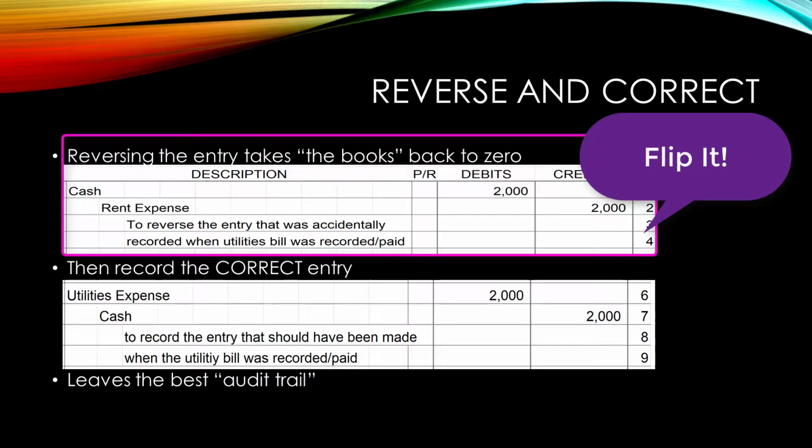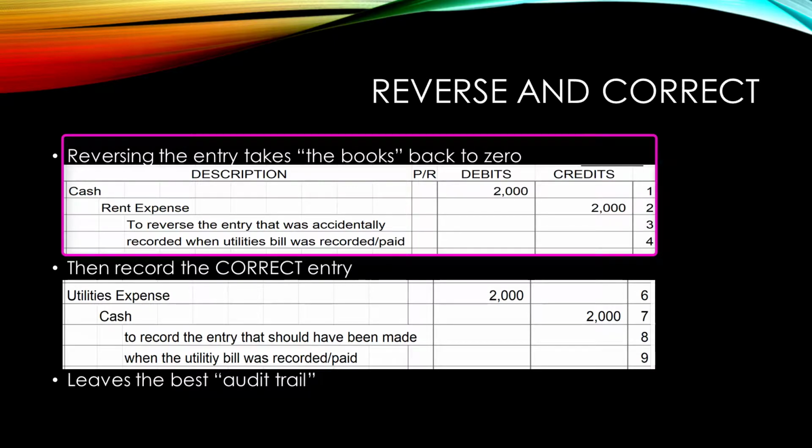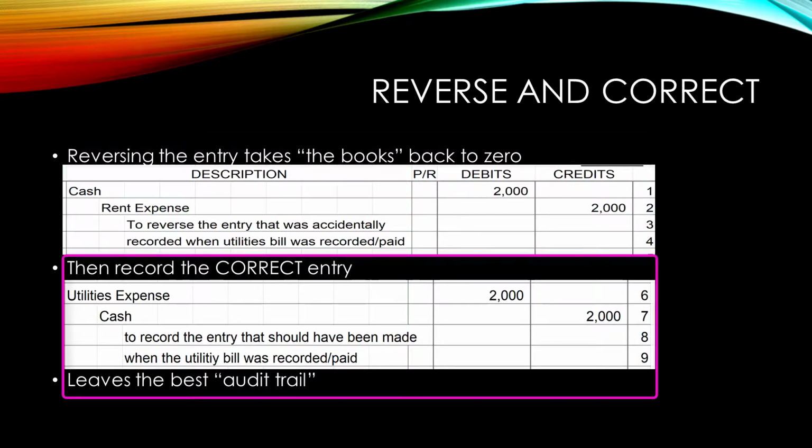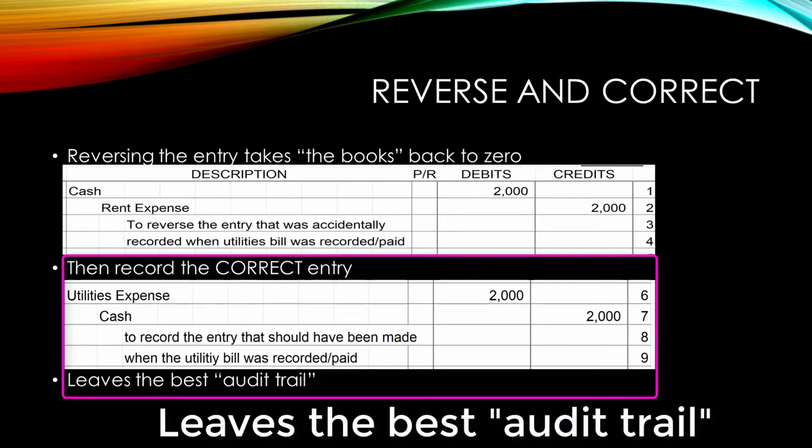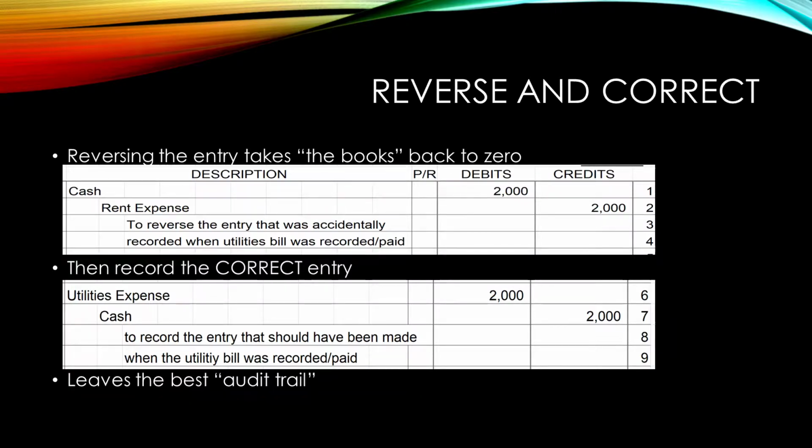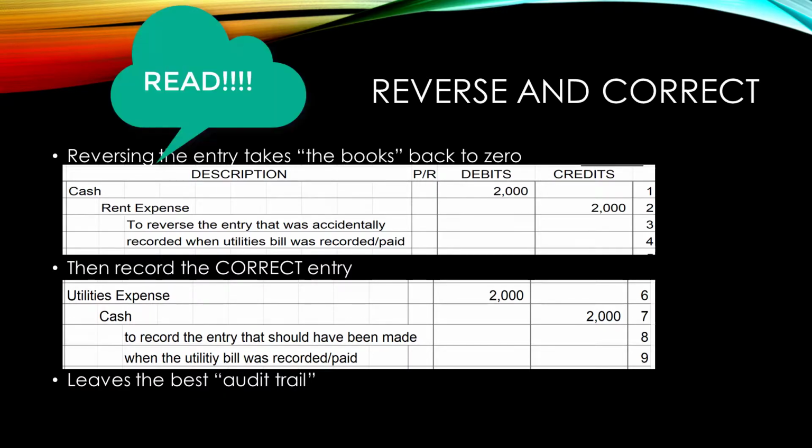Then, now that your accounts are back to 0, record the journal entry the way it should have been recorded in the first place. Again, this technique is called reverse and correct. It leaves the best audit trail and is the easiest to use when you have complicated transactions.